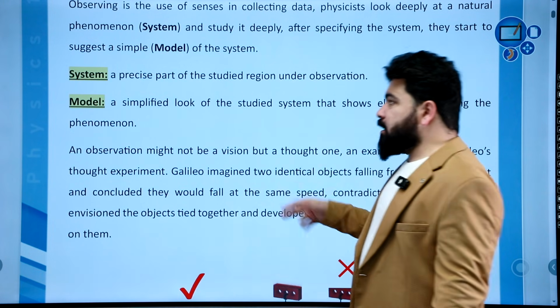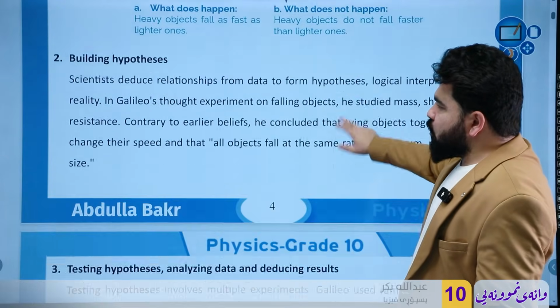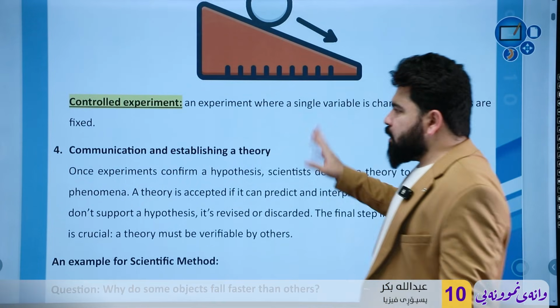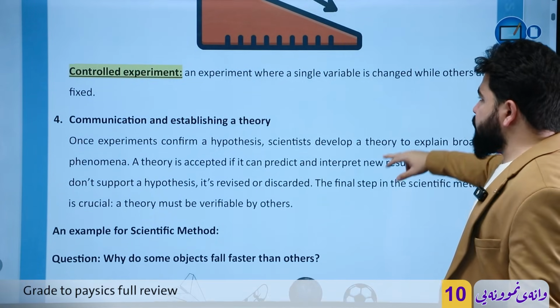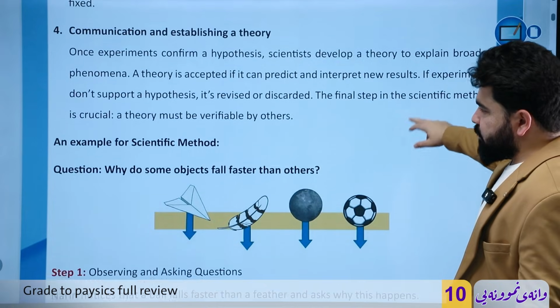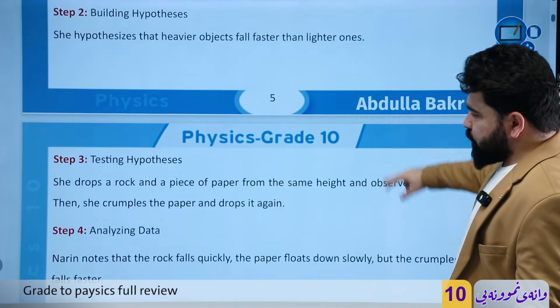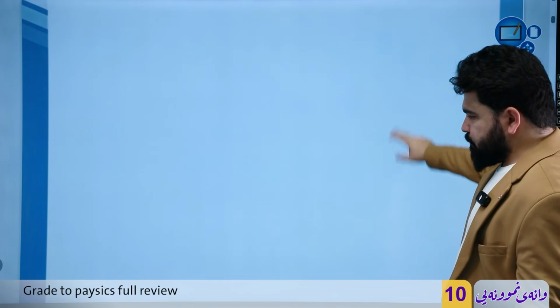So a model is basically a simplified look of the system. This is all just a longer explanation of scientific methodology. A controlled experiment is an experiment where a single variable is changed while the others are fixed. This is also explanation for the scientific methodology. It's just repetition.